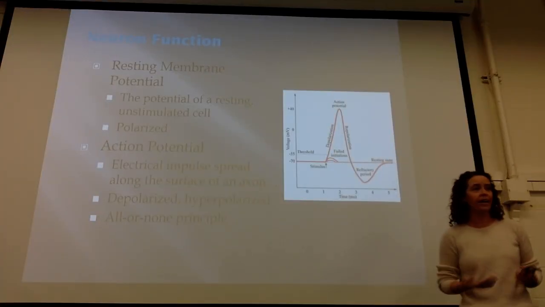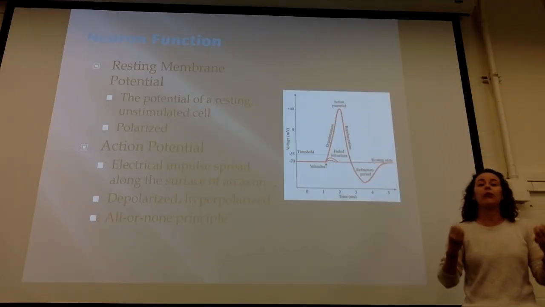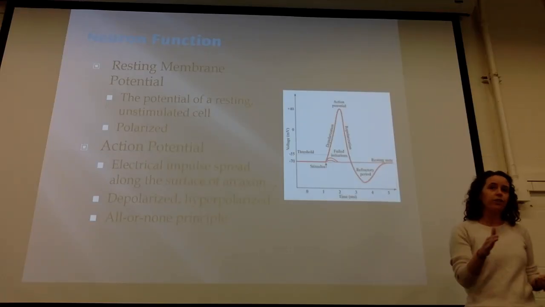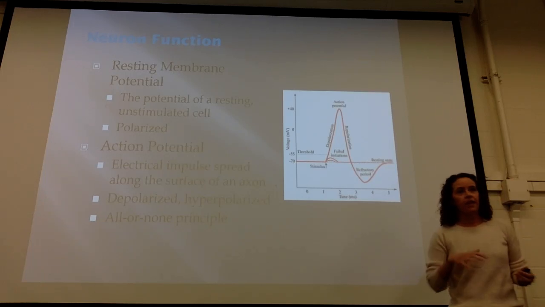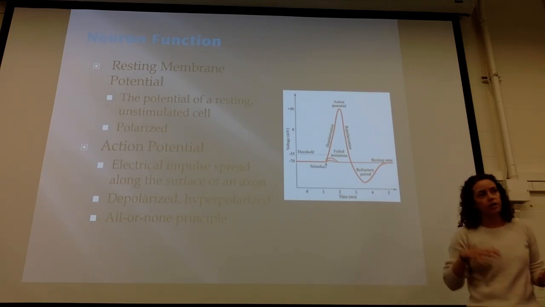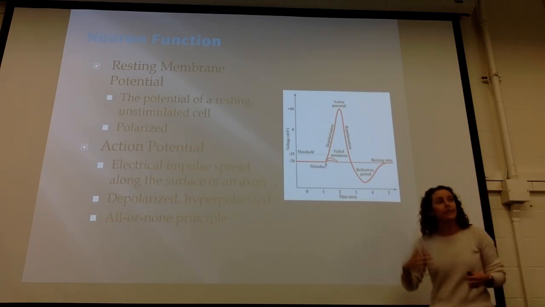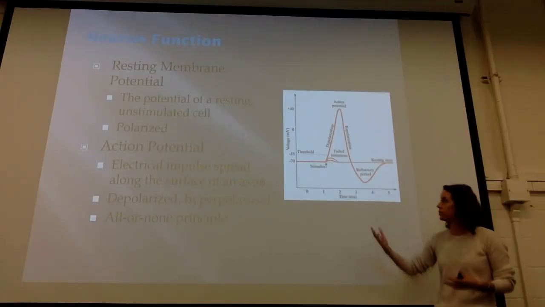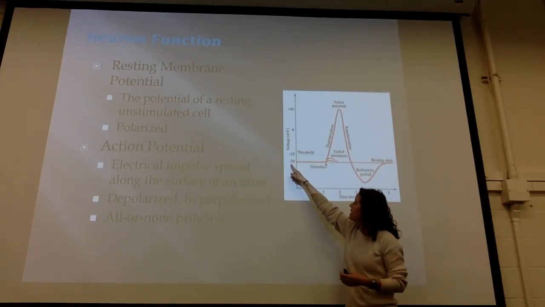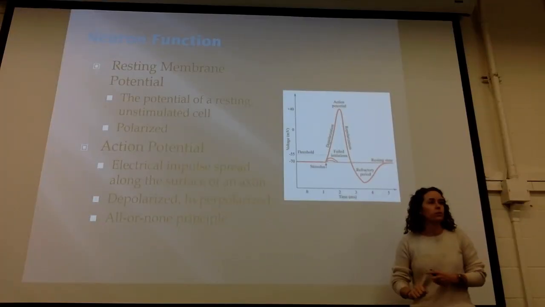So a neuron, a nerve cell, when it is at rest, so when that nerve is not actively firing and sending a signal, the internal charge of that neuron is really, really negative. If we are measuring the charge in millivolts, the resting charge is negative 70 millivolts.